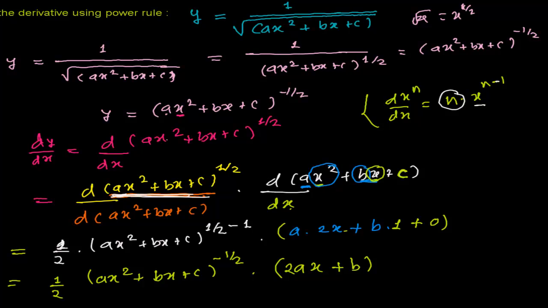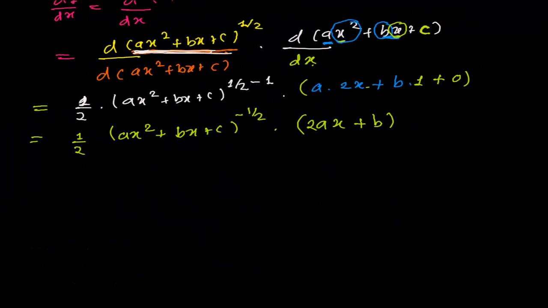Alright, so now let me arrange it a little bit properly. My derivative dy over dx is equal to, in the place of 1 by 2, let's first write all the numerator.